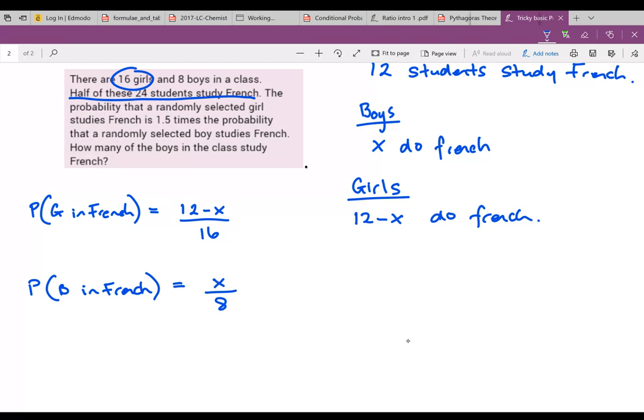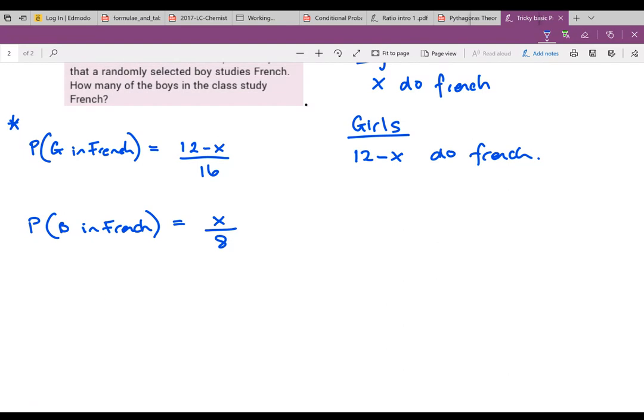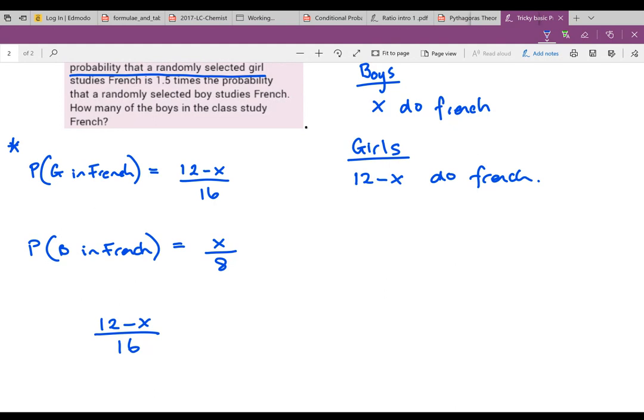The probability that a randomly selected girl, which is 12 minus x over 16, studies French is 1.5 times the probability that a randomly selected boy studies French. A boy in French is x over 8.